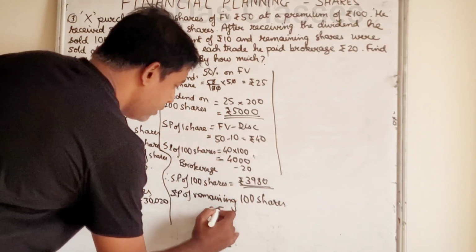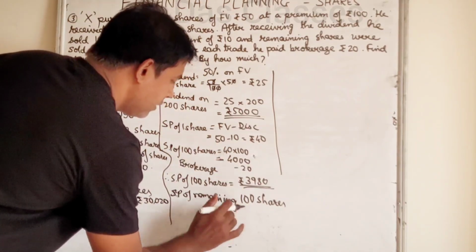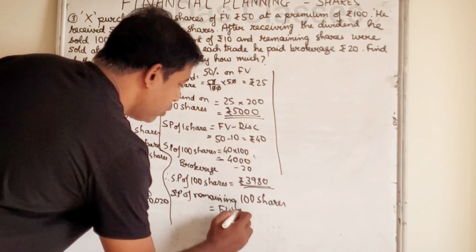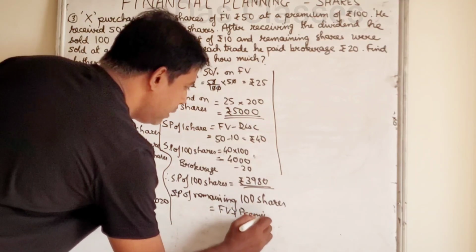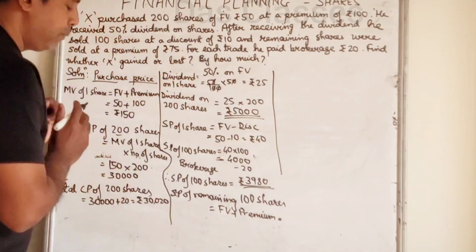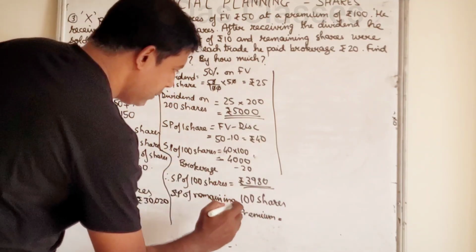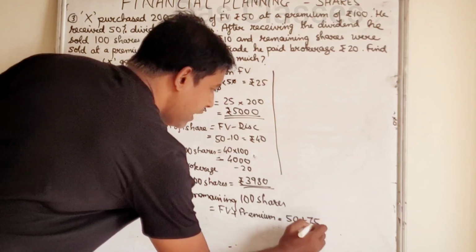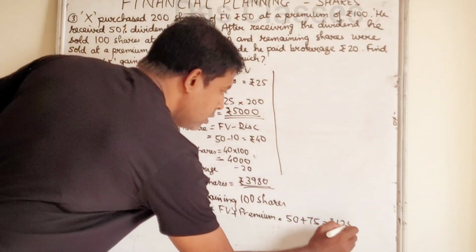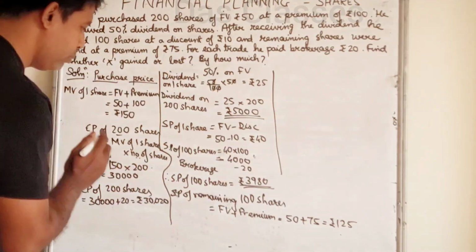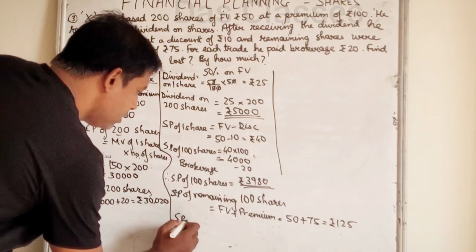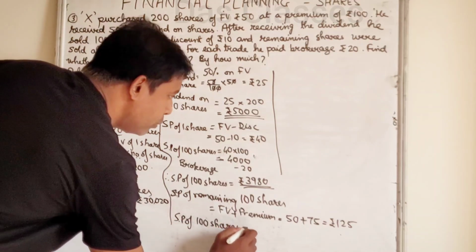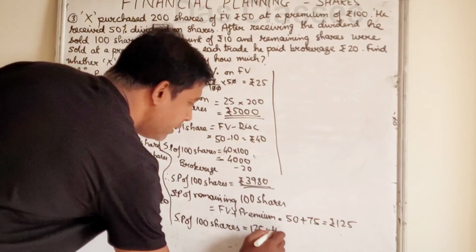So this time, face value plus premium. If it's a premium, you add it. So face value is 50 plus premium is 75. It means he has sold each share for 125 rupees. So the selling price of 100 shares is going to be equal to 125 into 100.